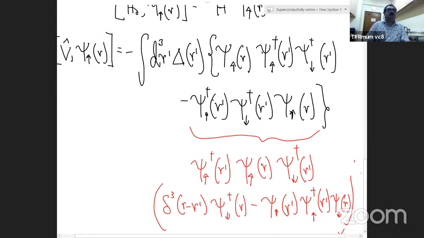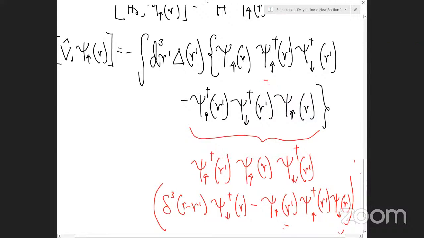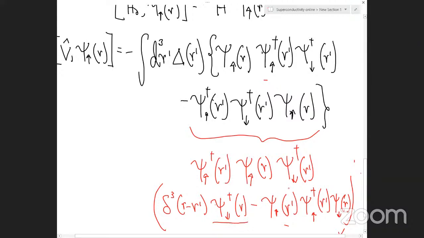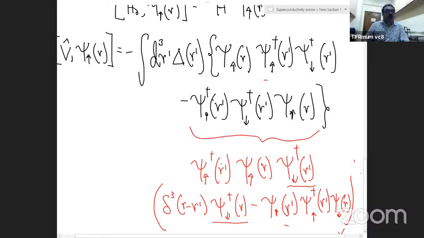So now you see this term actually will cancel with this term. In the first term, where does the dagger come from? You mean this one? Yes. From here. I have applied the commutation relation on this. So I get delta minus something, but this is there. So therefore it comes here.